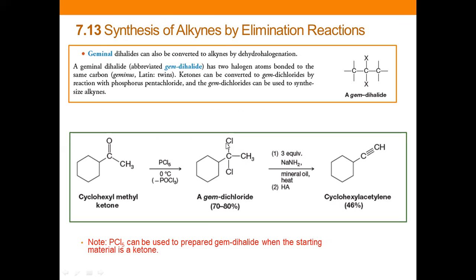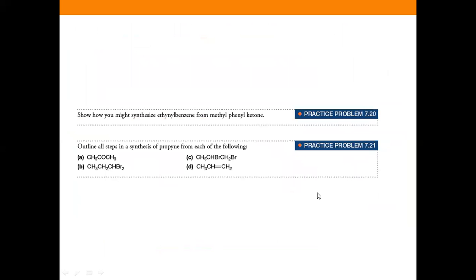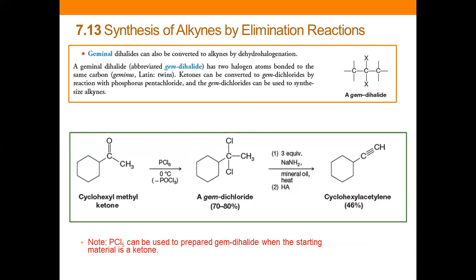Once we abstract our proton, you get a double bond and the halide leaves, and then you have another step, you get a double bond and halide, and then the amide can abstract the proton from the terminal alkyne, and then we can recover that by acidification.